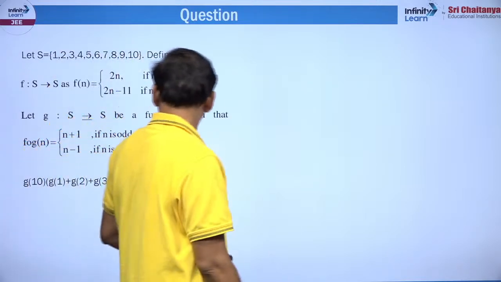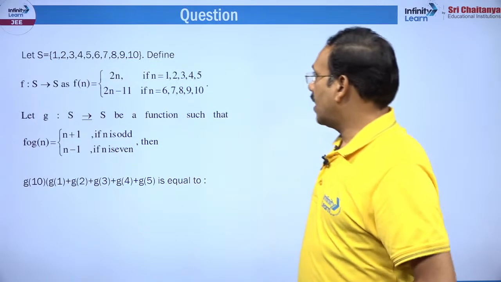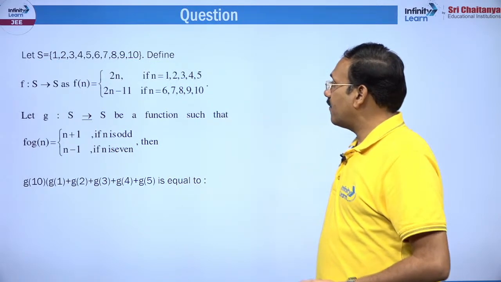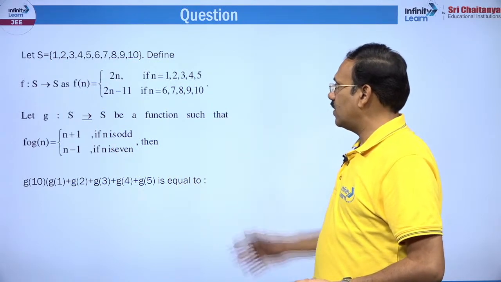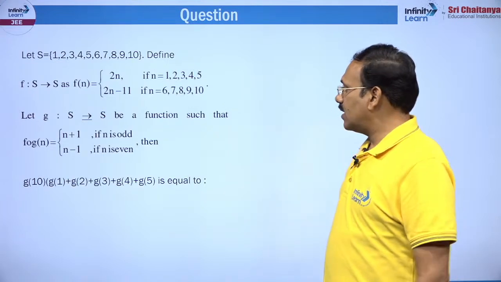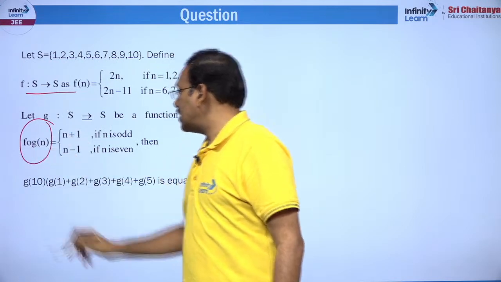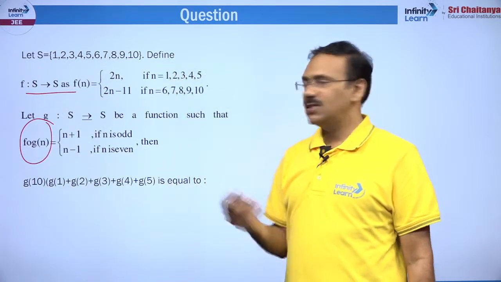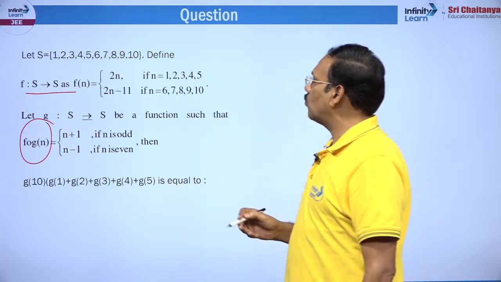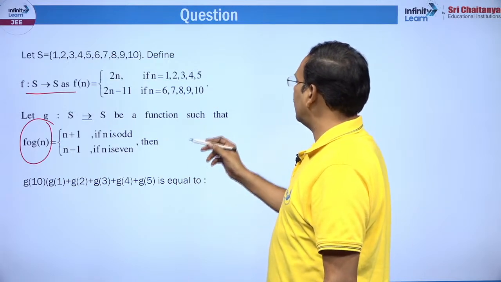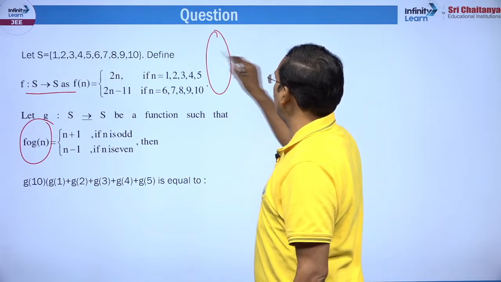Friends, this question you just see. S is given, f is given, and we need to find this. You see here, the f function is very clear, f circle g is given, but the g function is not available. To find that, my dear friends, you just observe the f function carefully.